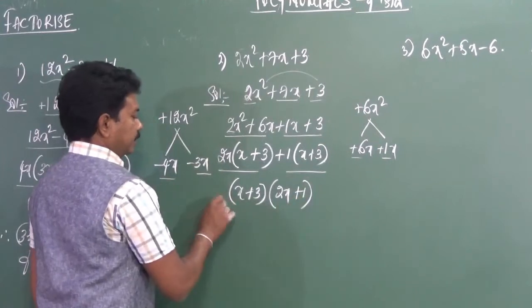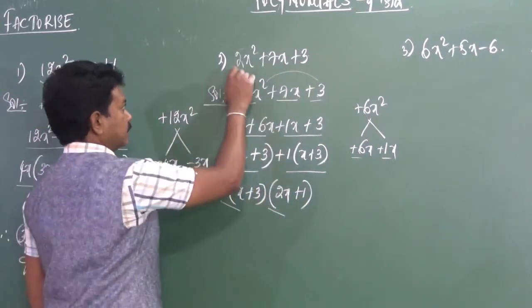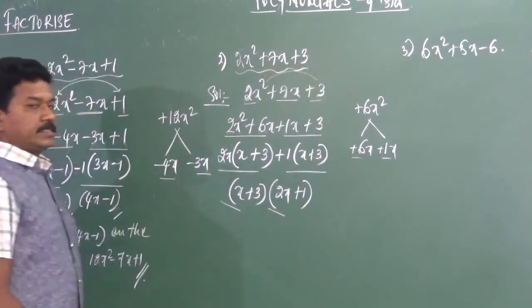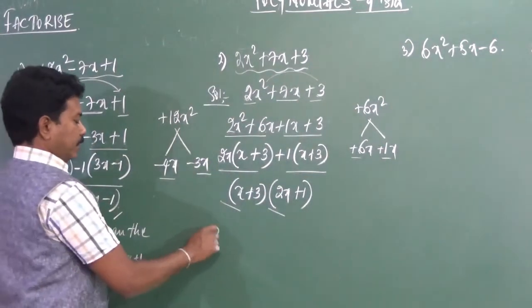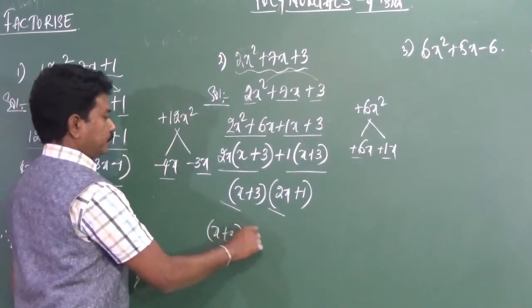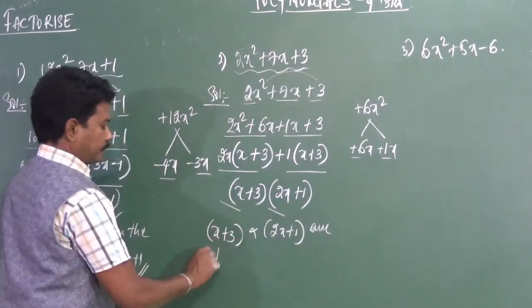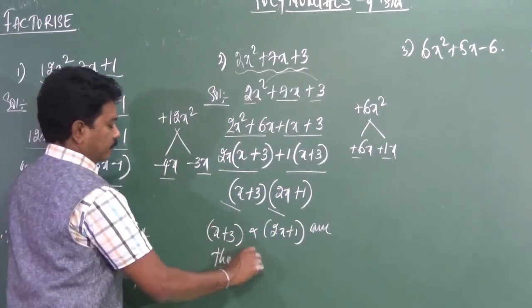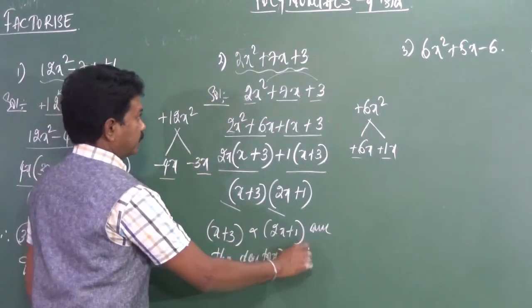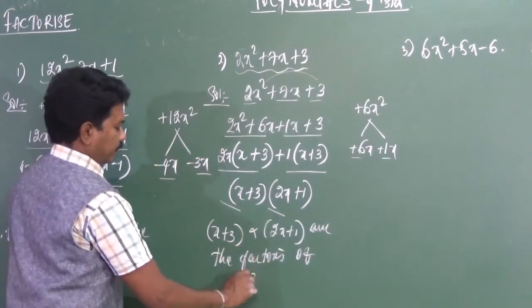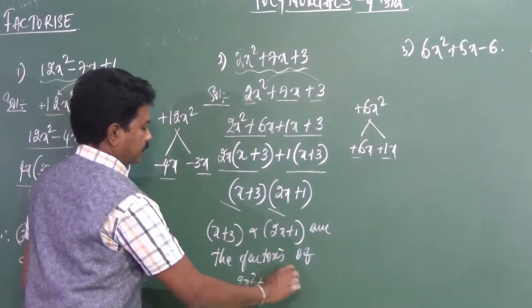So here x plus 3 and 2x plus 1 are the factors of 2x square plus 7x plus 3. Okay, so x plus 3 and 2x plus 1 are the factors of 2x square plus 7x plus 3.